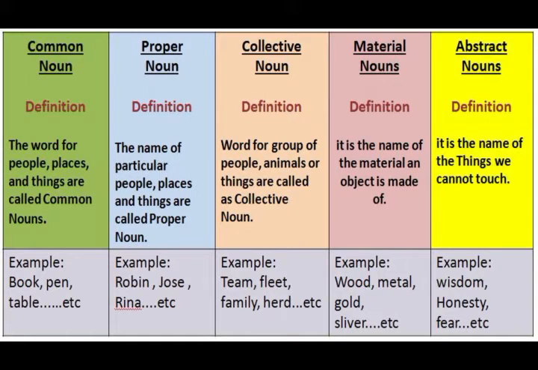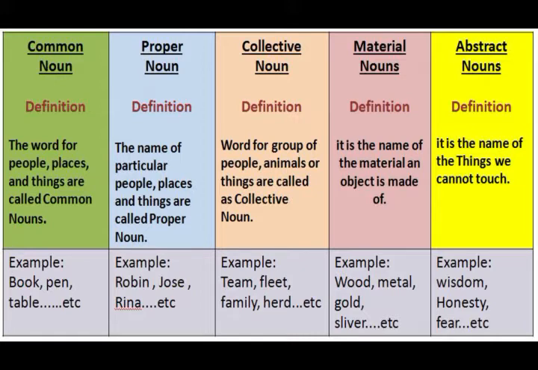Now let's look at this table, children. We'll quickly try to revise whatever we have learnt about the different types of nouns. Common noun, the word for people, places and things. They are called common nouns.